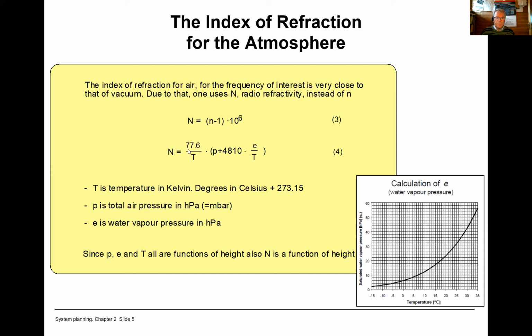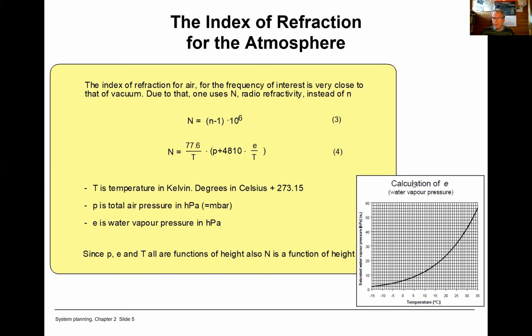That's 77.6 divided by the temperature measured in Kelvin, multiplied by the pressure in millibars plus 4,810, multiplied by the water vapor pressure in hectopascal or millibar, divided by the temperature also in Kelvin.